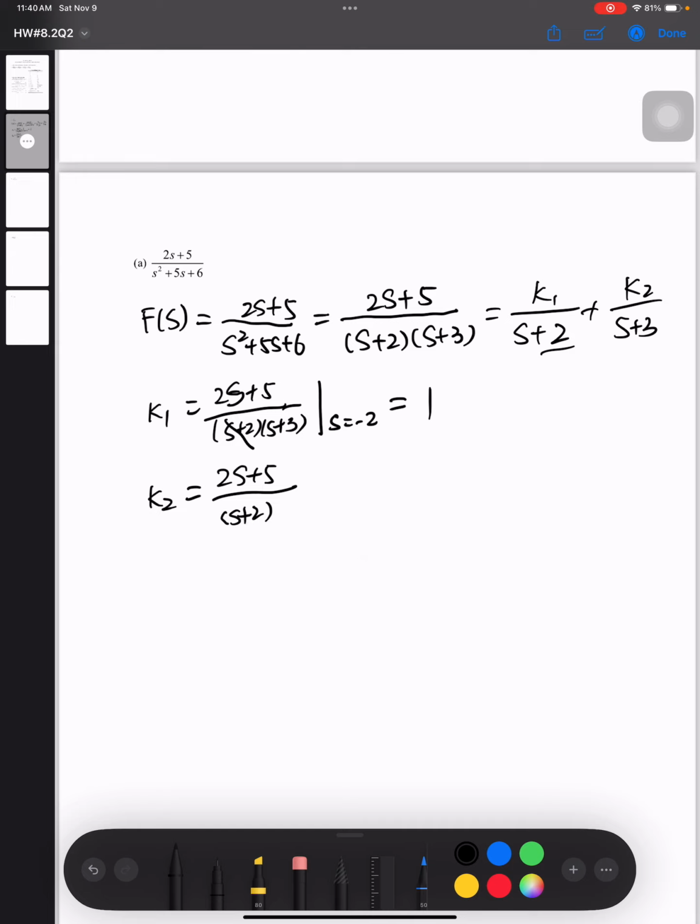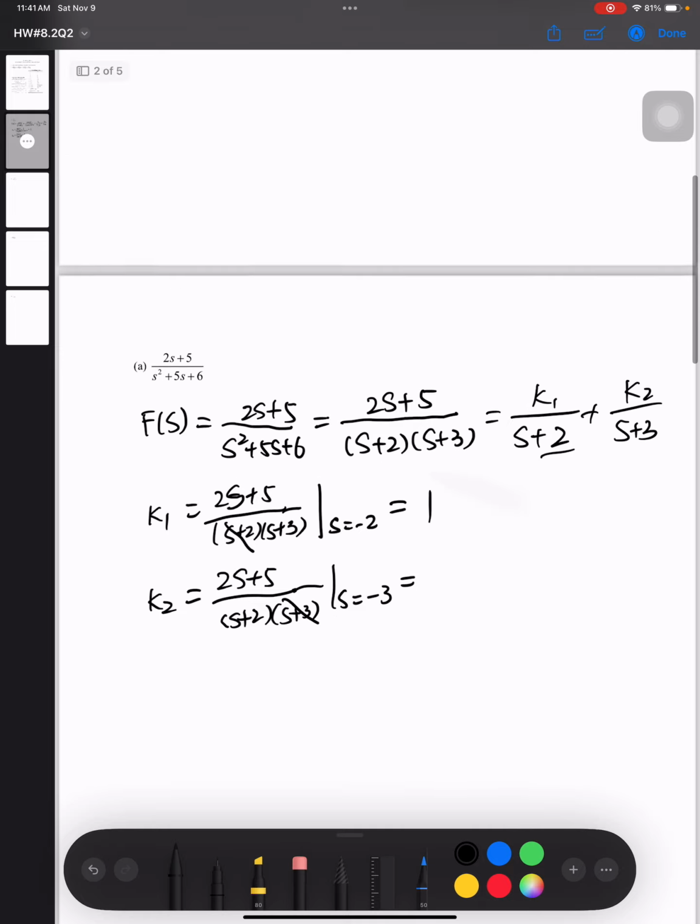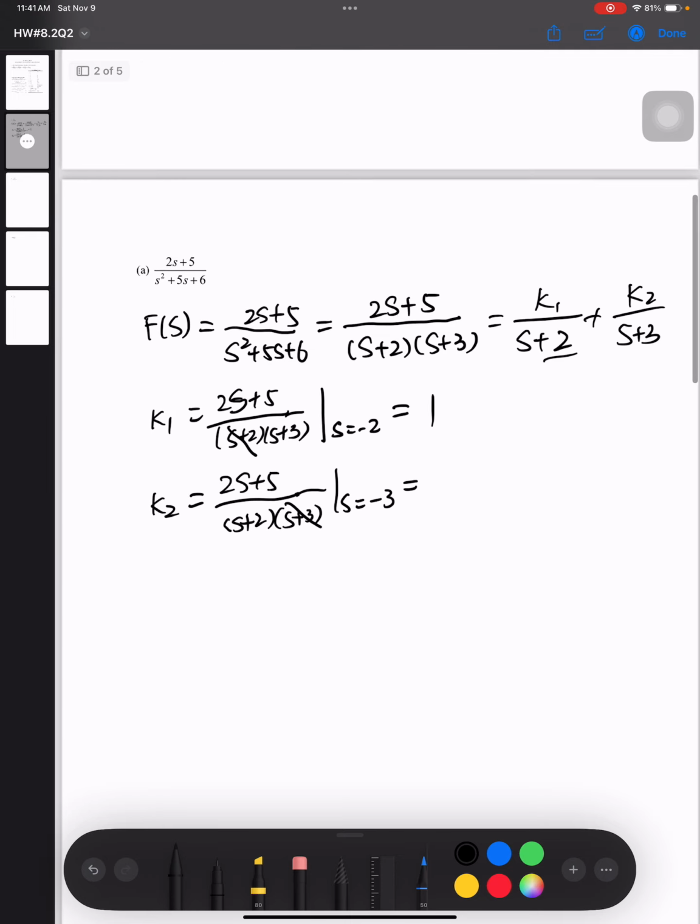We cover up this s plus 3, s equals to minus 3, and after calculation we can get k2 equals to 1.